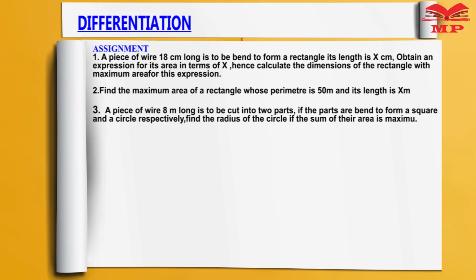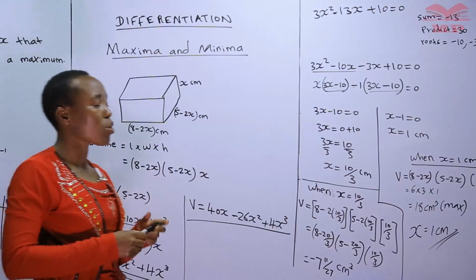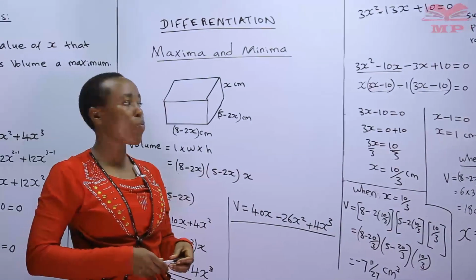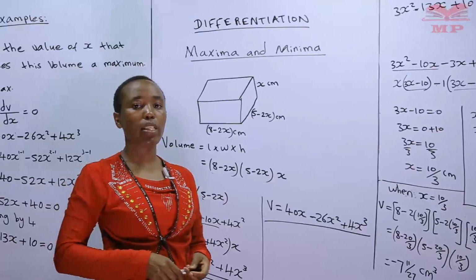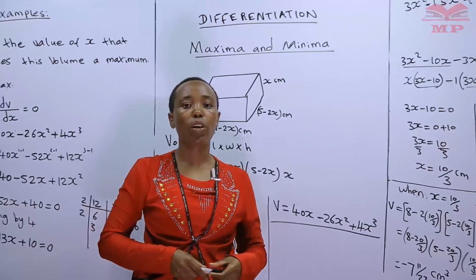If the parts are bent to form a square and a circle respectively, find the radius of the circle if the sum of their areas is maximum. Calculate those questions. Remember, for maximum and minimum, you set the gradient function equal to 0.